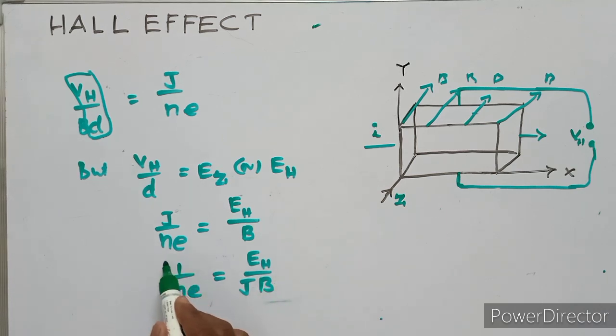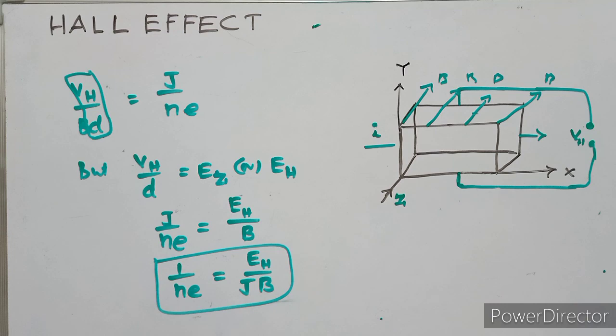In this equation, 1 upon n e is known as the Hall coefficient.